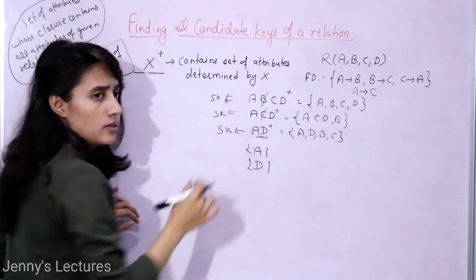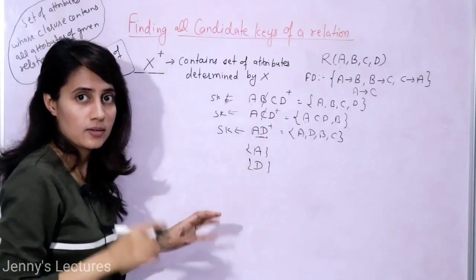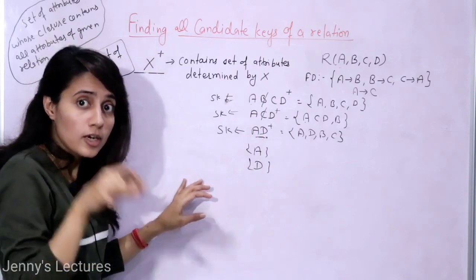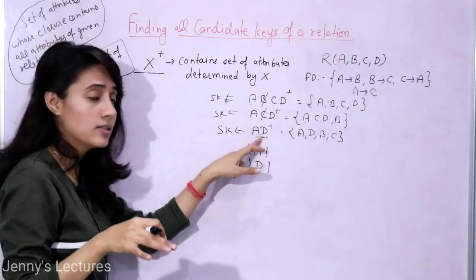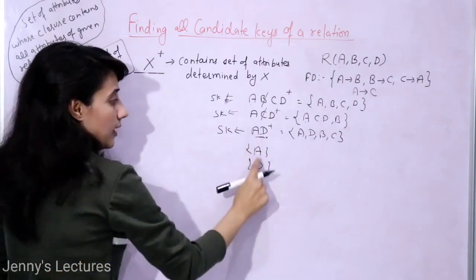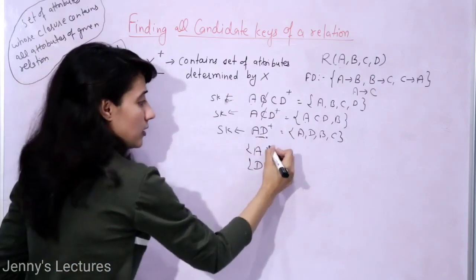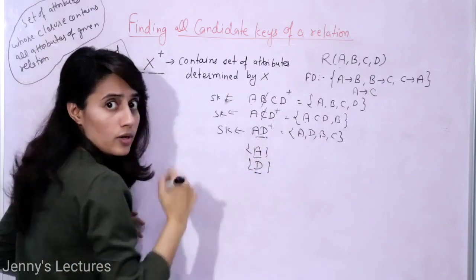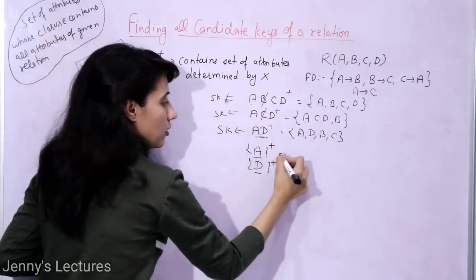I am not saying that this is definitely a candidate key. This thing you need to take care of. Now you find out whether this is a candidate key or not. A and D are the proper subsets. Now check whether A and D individually are candidate keys or not. Find A closure and D closure.